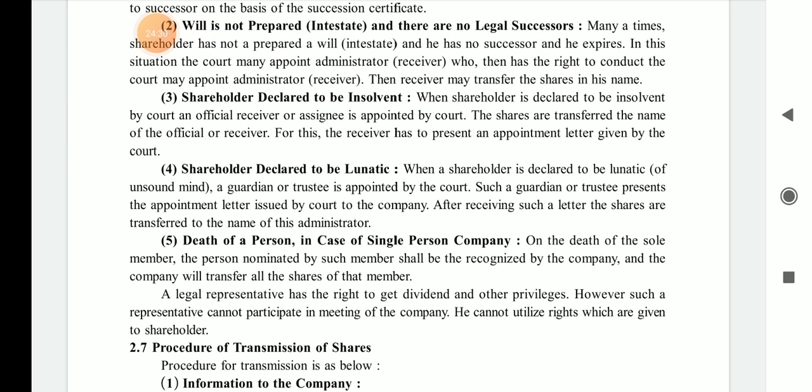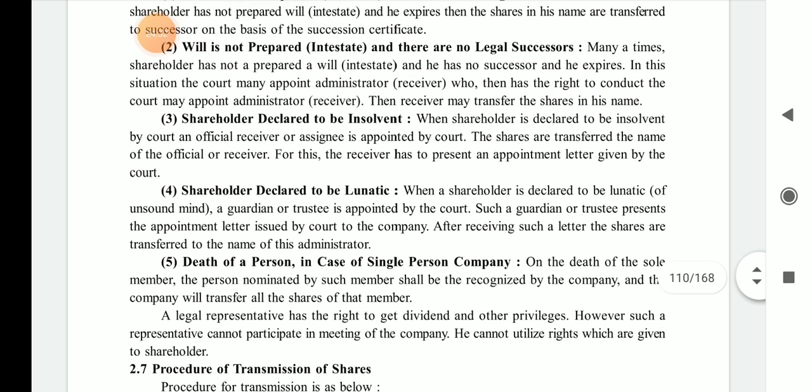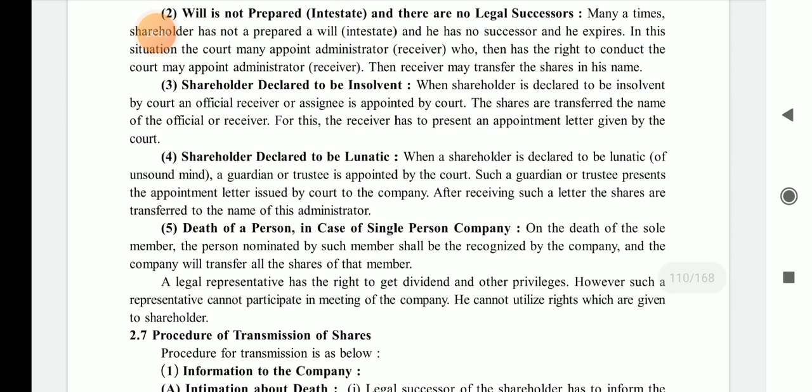They have no right to remain present in the meeting of the company as well as such rights. Some limited rights should be given to a particular person for the advantages when a particular person's shares are transferred.